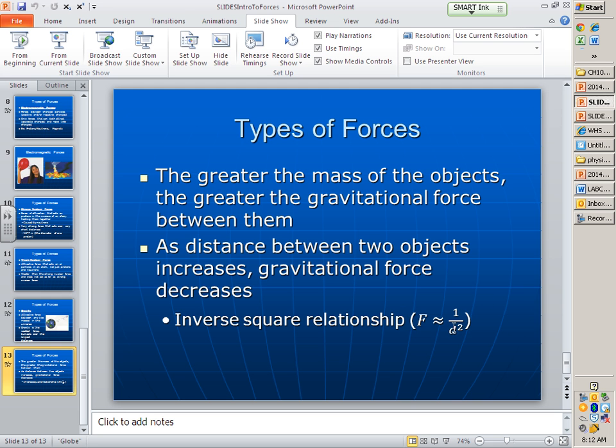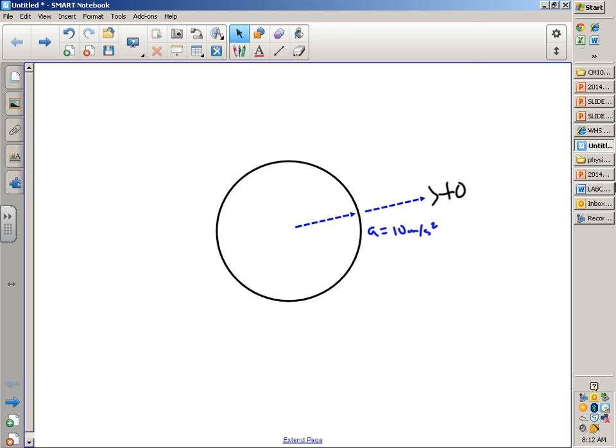As you get farther away, as the distance increases, the force of gravity that you feel decreases. But by going twice as far away, so let's say this is distance equal to 1, it's not really 1 anything, let's just say it's 1. When you go here, now your distance is what? 2.